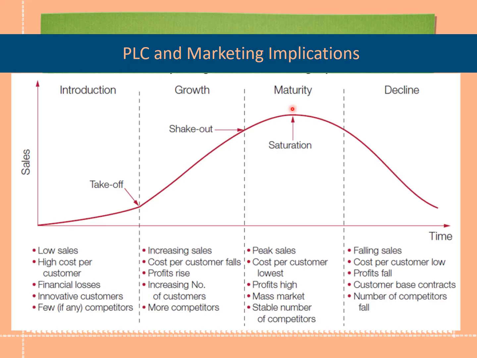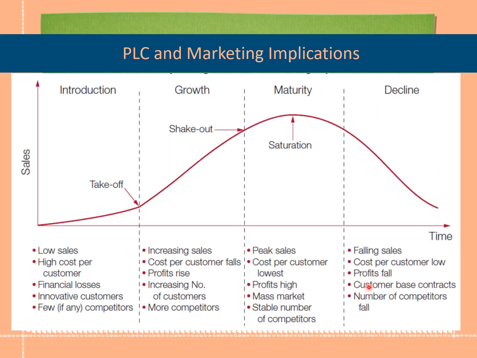However, over a period of time, of course, the product will actually go to the decline stage, which you know is when that particular product is no longer in demand. You will see the characteristics of the product at the decline stage include sales falling down, of course your profit also falling down, and cost per customer still low, because normally you will no longer do a lot of promotion during this decline stage.